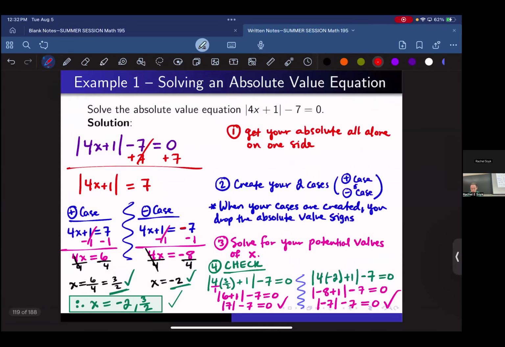So yeah, this was the solution for that example one, -2 and 3/2.